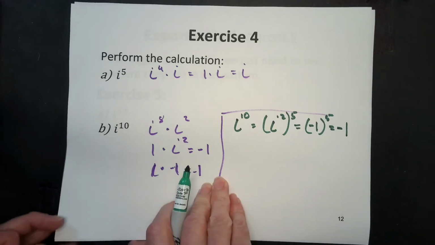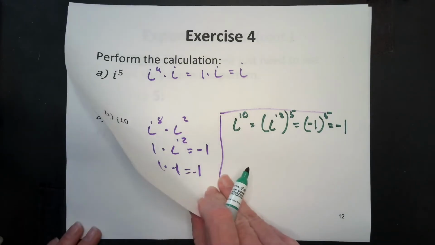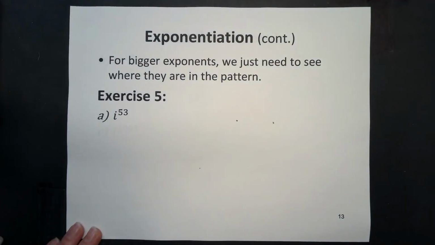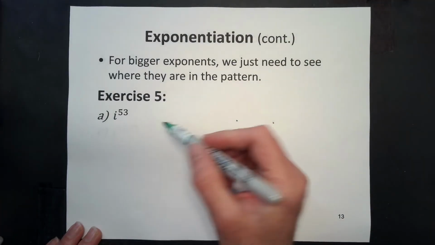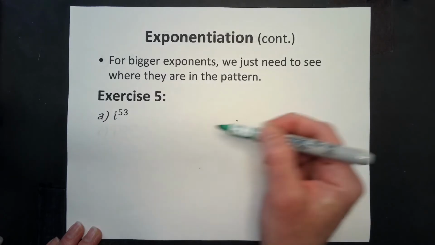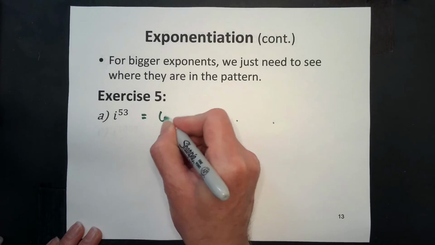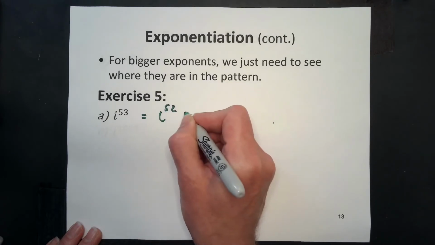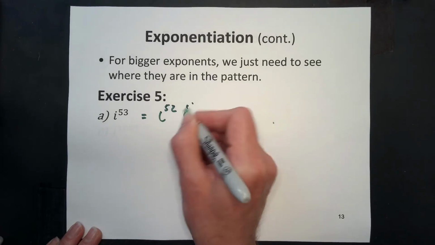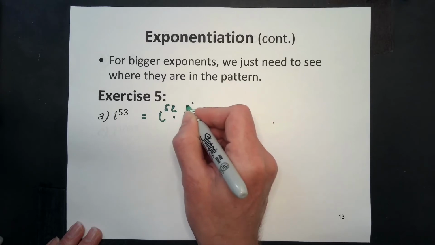And you can see the reason why that might be very useful in this next one right here. You can once again map through the pattern, divide it by 4, see where it is. I think it's a lot easier to rewrite this as i to the 52nd times i to the first. So that gives me an even number, right?